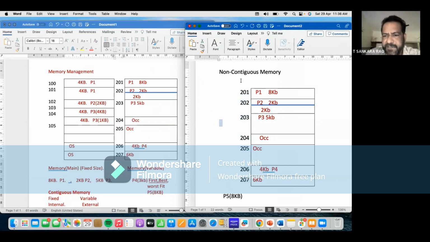I can place P5 in 2 KB at location 202 and 6 KB at 207. So this is non-contiguous memory allocation.